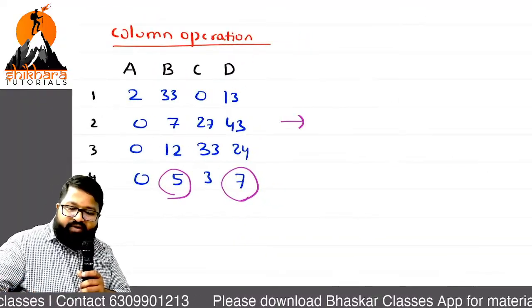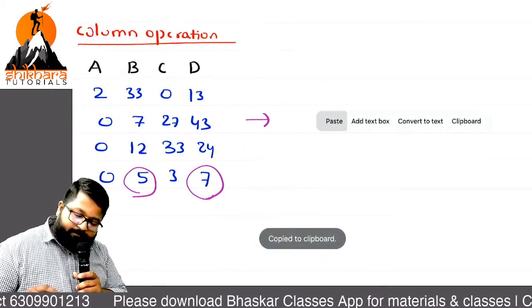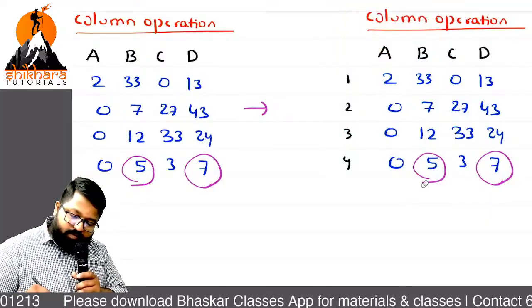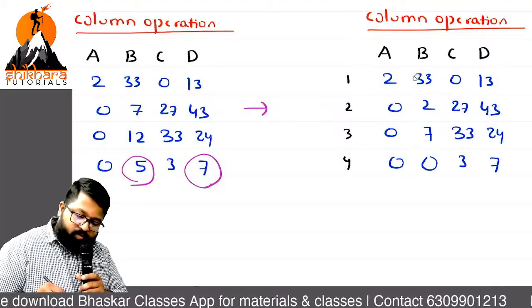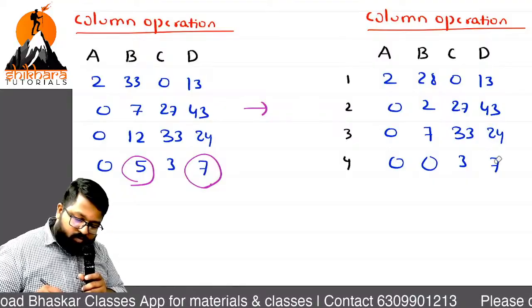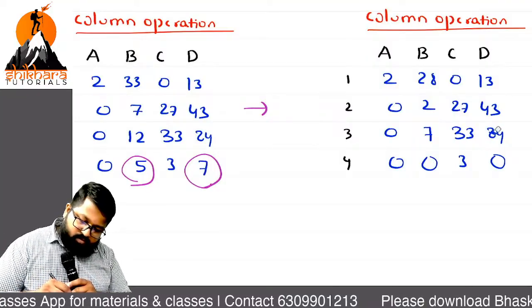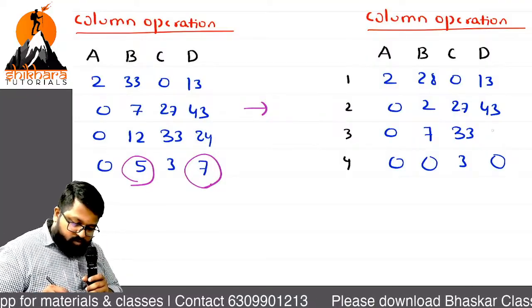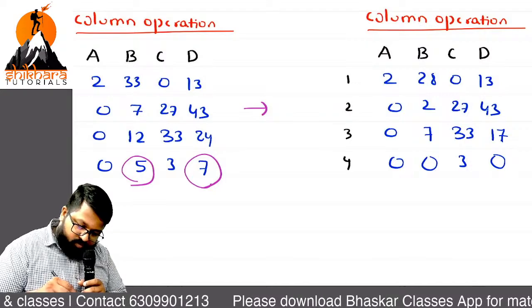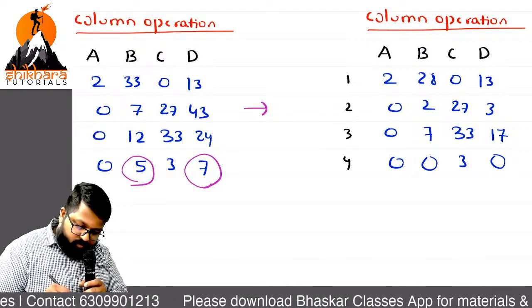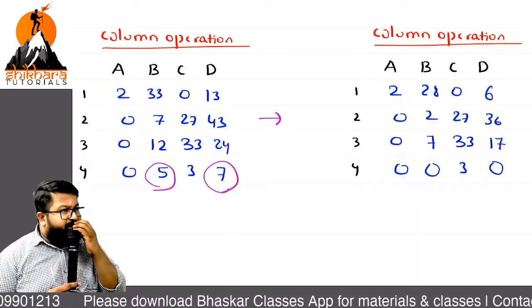So resultant matrix, how it will be? Form it and show it separately. There is the resultant matrix same.